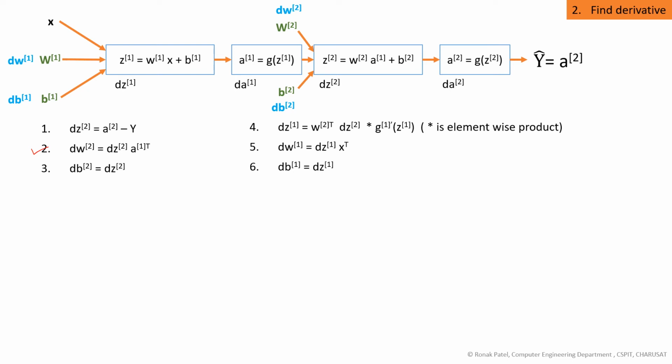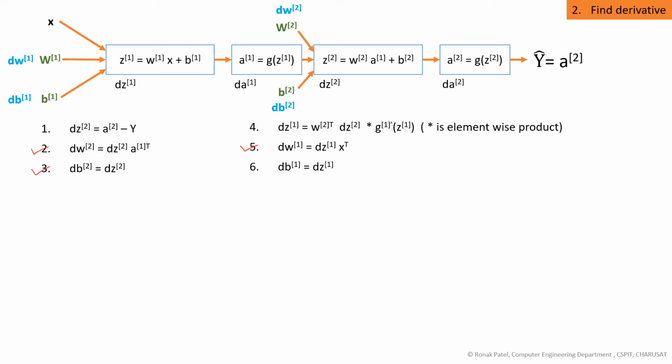If you have these, then you can find dz2. So to calculate dw2, we require dz2. And db2 is your dz2. Now we require dw1. What is dw1? dz1 into your x, that is your training example. dz1 we need to calculate, and we can calculate it using this equation.